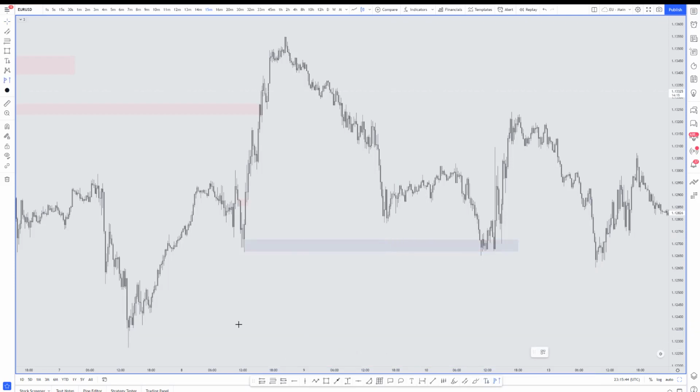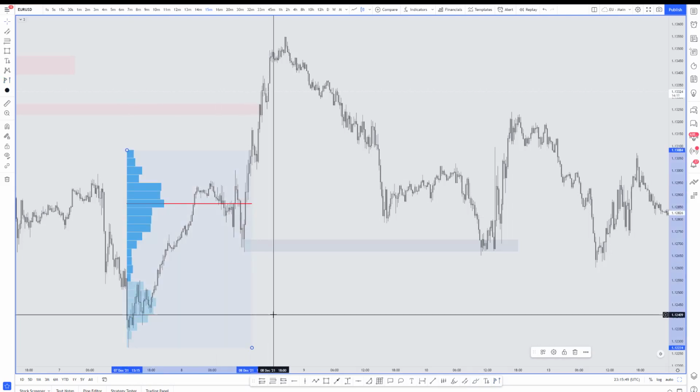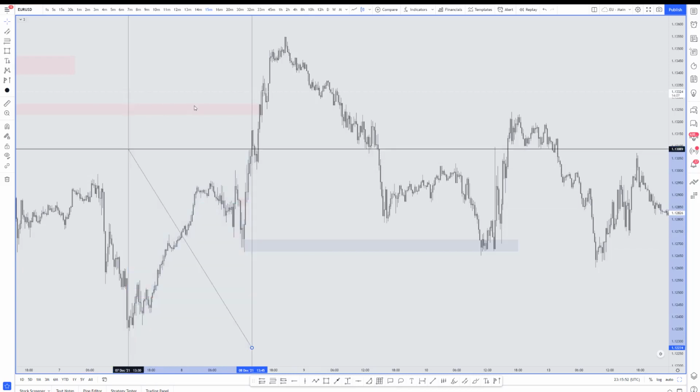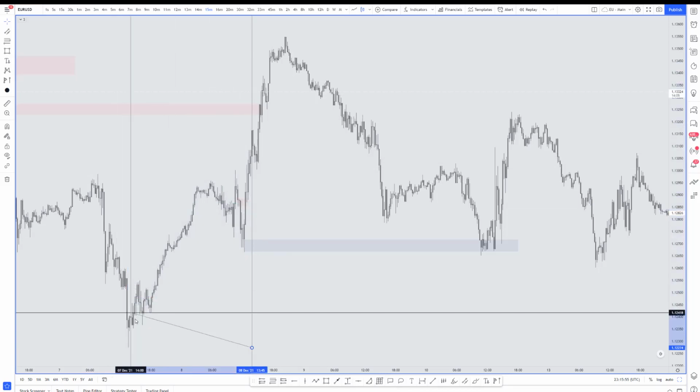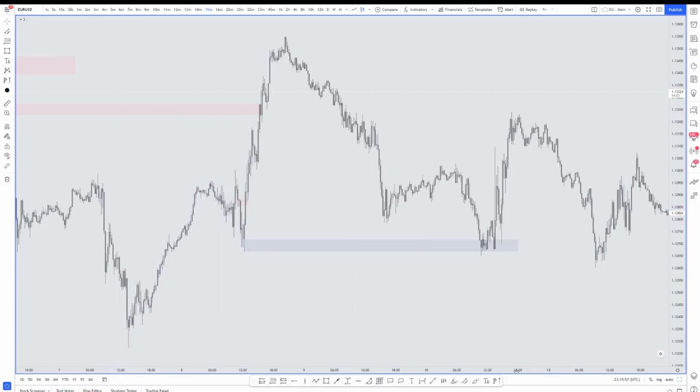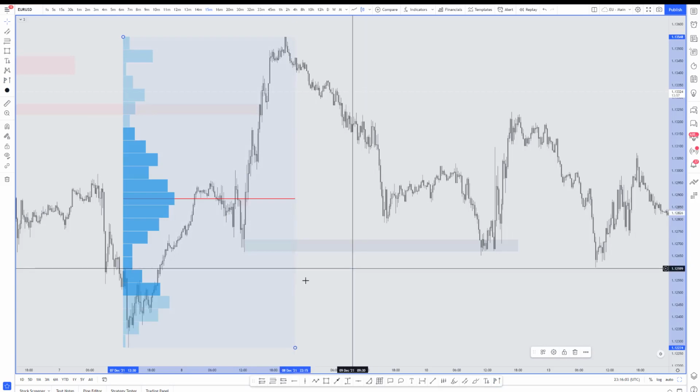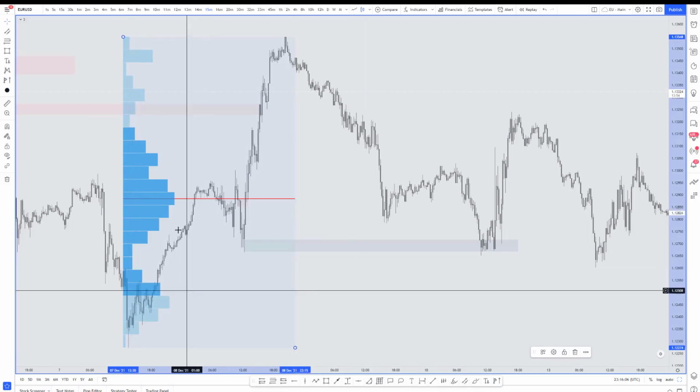Now, if we just check the volume profile of this, your spike's kind of down here. Let's actually delete that. Try that again. So you're going to notice a spike in here. You're going to notice a spike in this area.